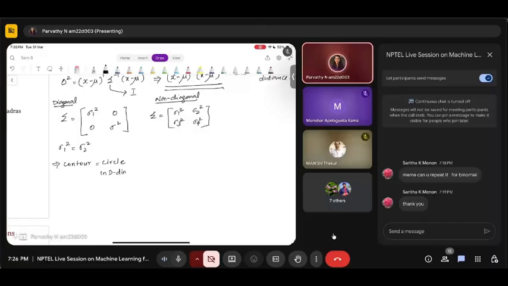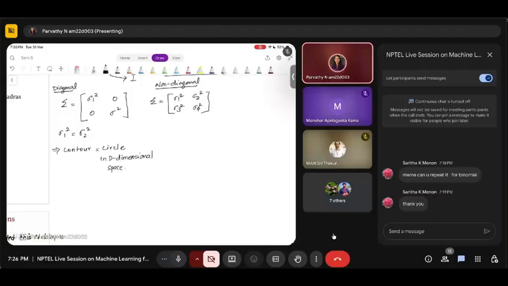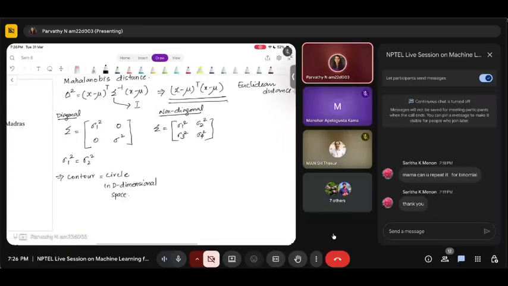So this is what is explained in the video. There was one previous year question also. So when these are equal, it forms a circle. When you substitute it here, you can see that it forms a circle. And then when sigma 1 square is not equal to sigma 2 square, then it forms an ellipsoid.